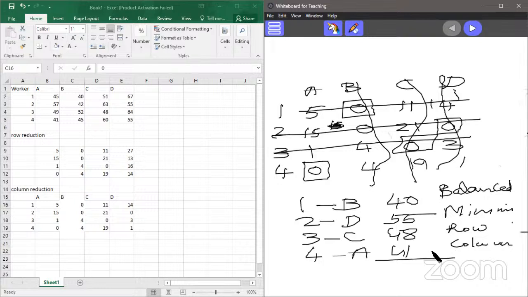Here, the number of lines required to cover the zeros was 4. So we got the solution in the first instance. Suppose the number of lines required to cover the zeros is less than 4, because this is a 4 by 4 matrix. Then we have to move further. Okay, those further steps I will be doing in the next numerical. Okay, is that clear for now?